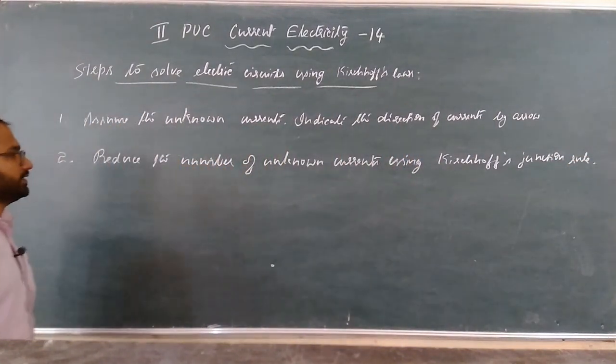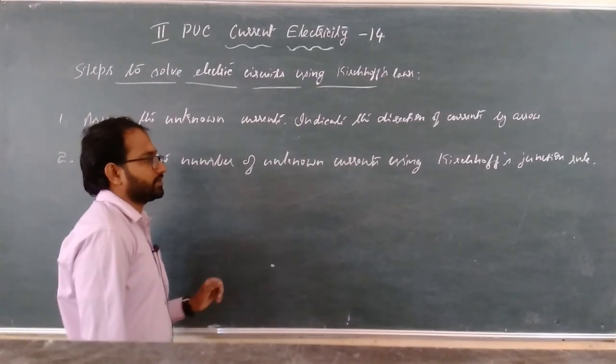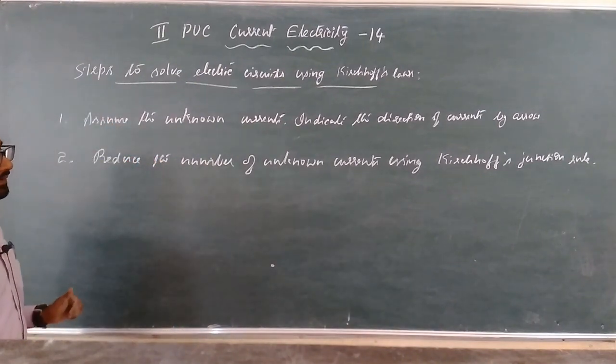Okay, reduce the number of unknown currents using Kirchhoff's junction rule. So choose the various nodes in that particular circuit and reduce the number of unknowns to the minimum possible, using Kirchhoff's junction rule.